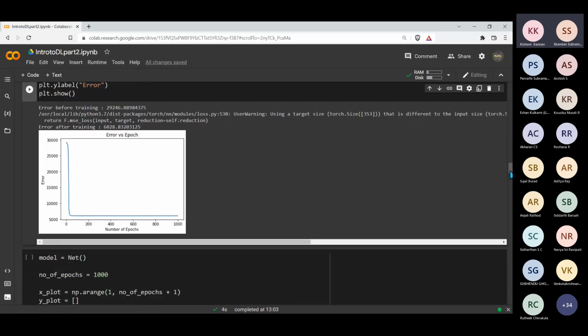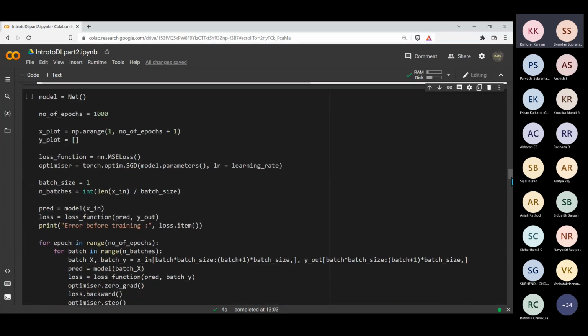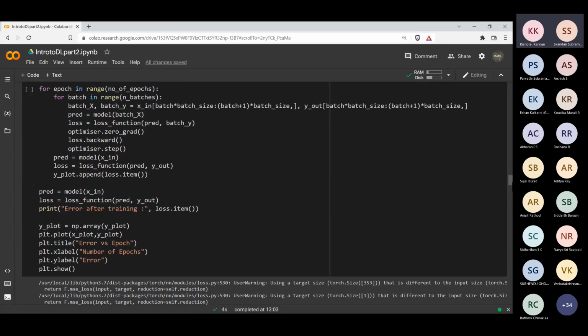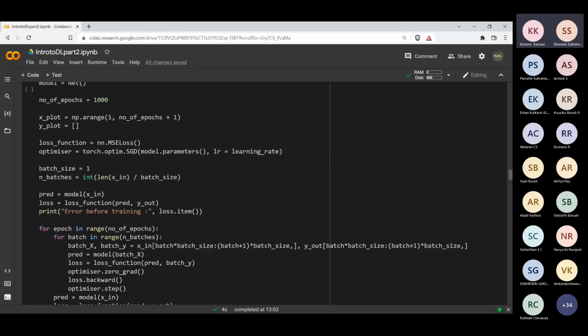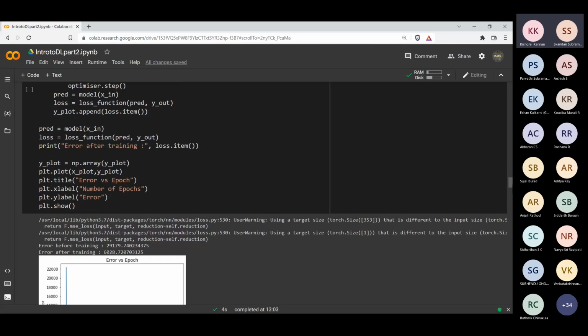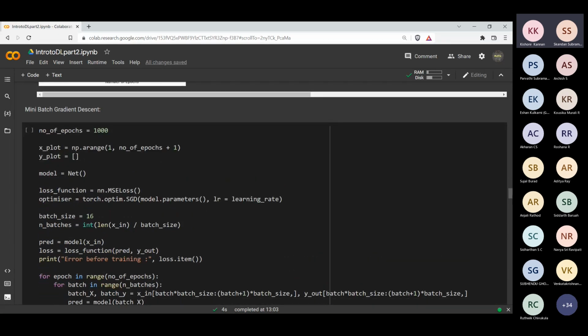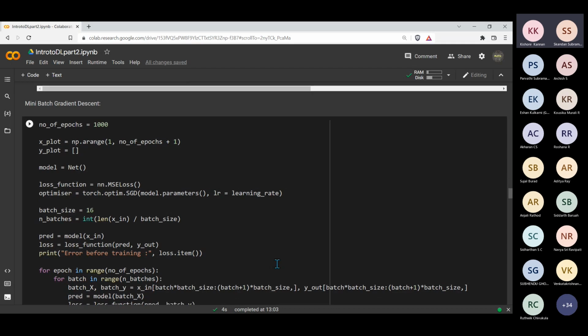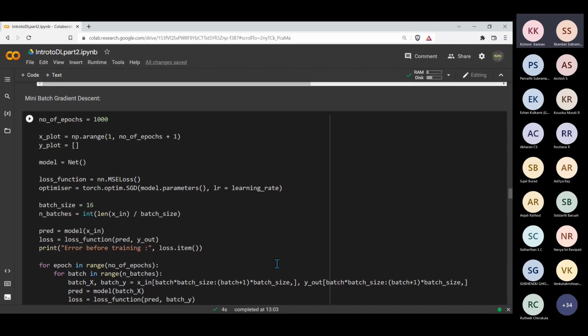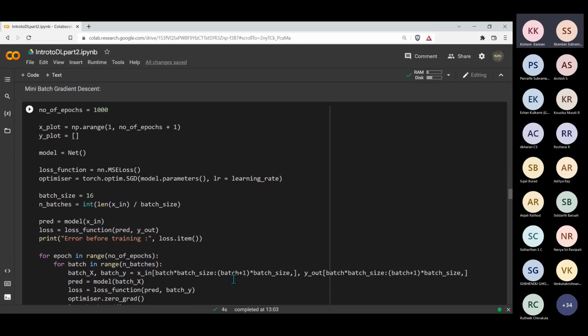The code is pretty much the same for all the other algorithms, except for the fact that the optimization function will be different. Next we have to look at something called mini-batch gradient descent. In mini-batch gradient descent, we send the data in batches instead of sending it one by one.